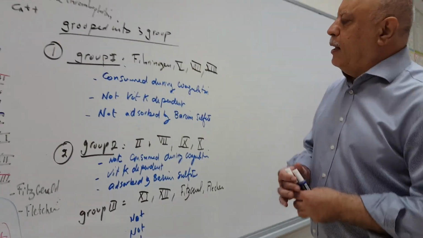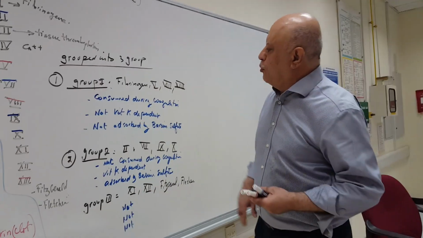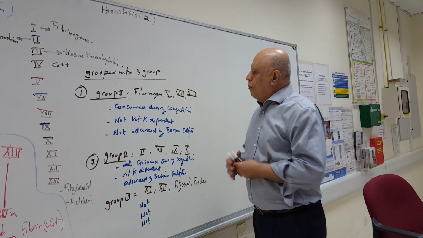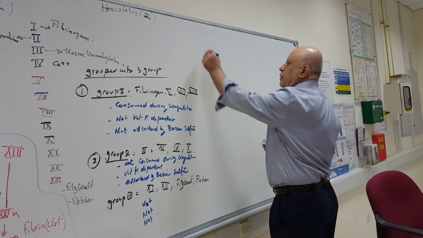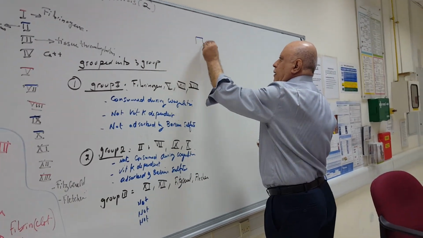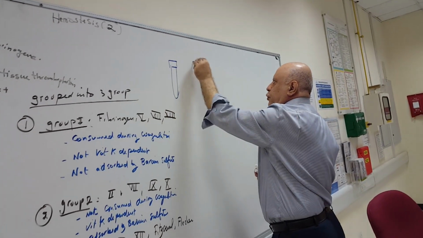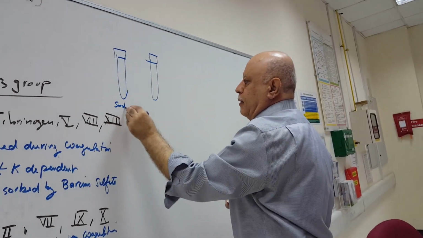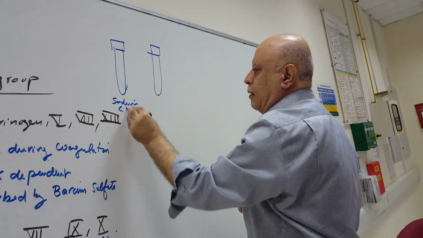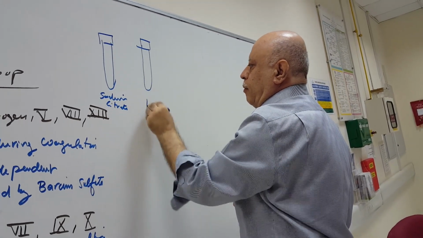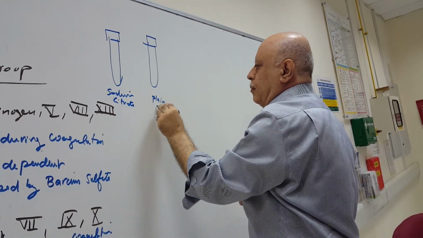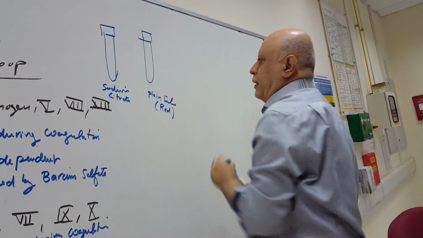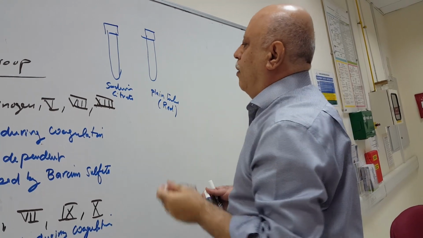To explain what is consumed during coagulation, remember we have, let's say, 2 tubes of blood, one with sodium citrate and one a plain tube, which is red.